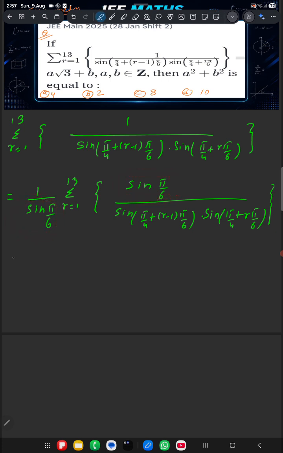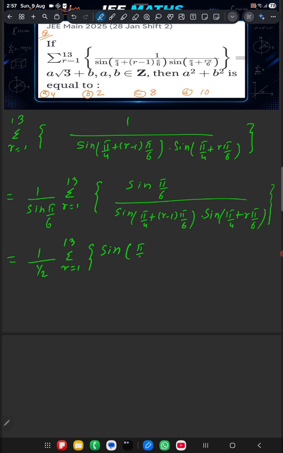Now sine pi by 6 means 1 by 2, and summation r equal to 1 to 13. Here I will do a little more modification.